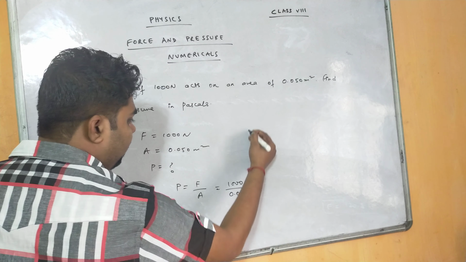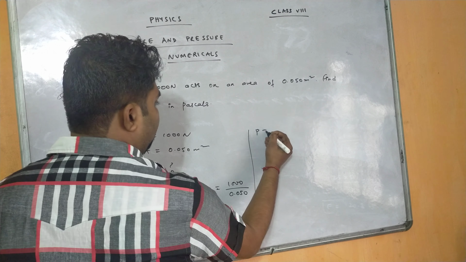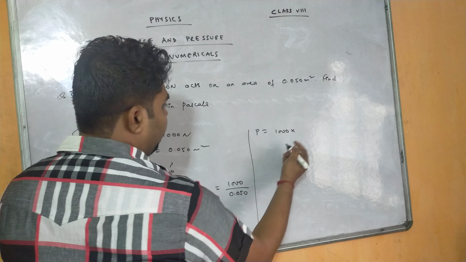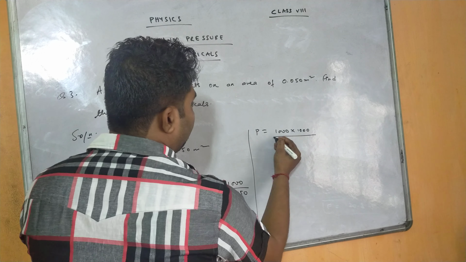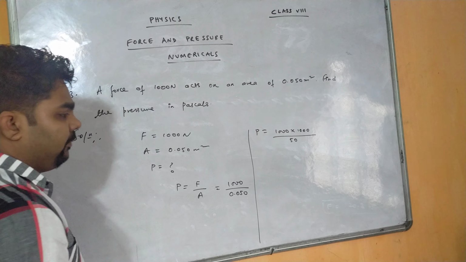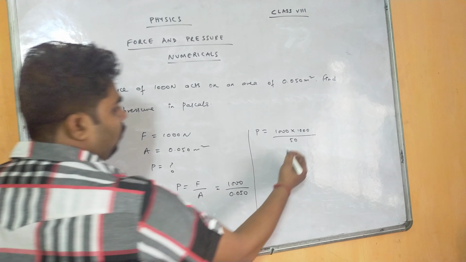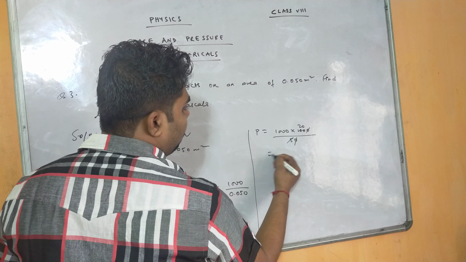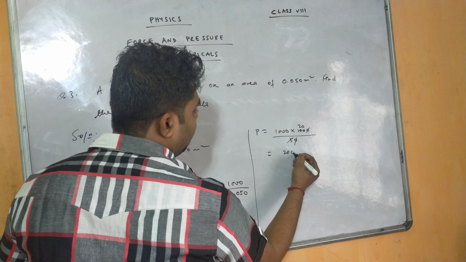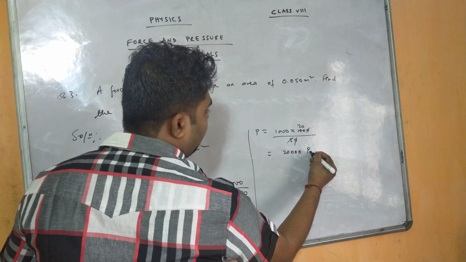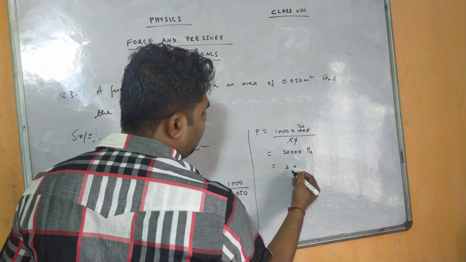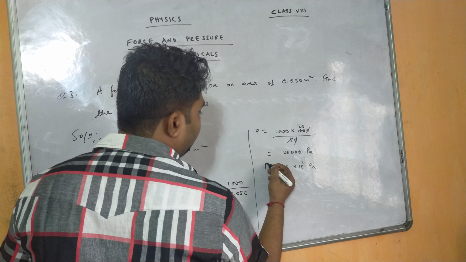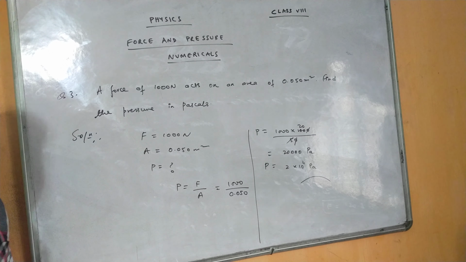Or this can be rewritten as P equals 1000 into 1000 over 50. So 10 and 10 got cancelled, that is 20,000 Pascal, or this can be written as 2 into 10 to the power 4 Pascal, right? So this is our required answer.